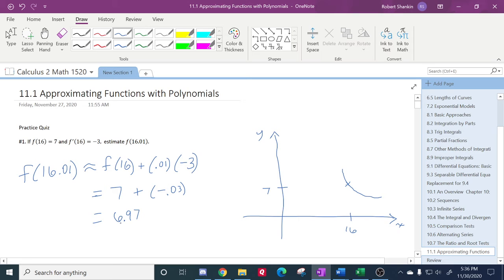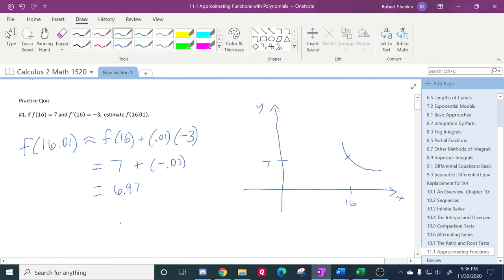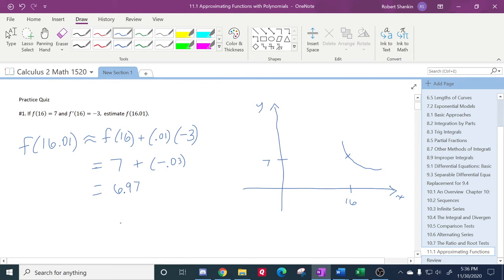Okay. Give me a little feedback. Well, actually, let me go through one more thing before I have you give feedback. This, in general, let's generalize this. F of x0 plus delta x.